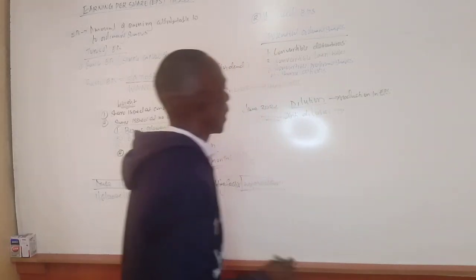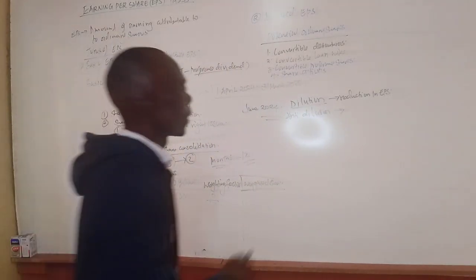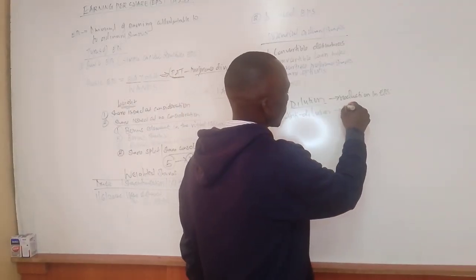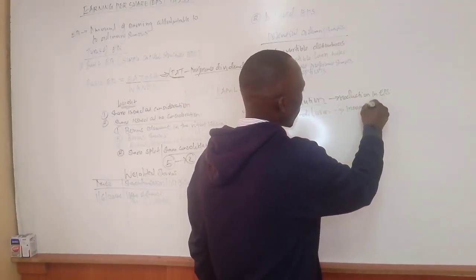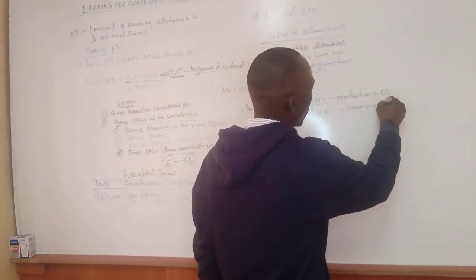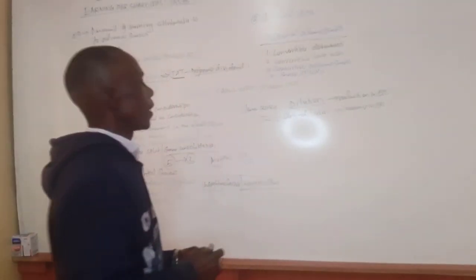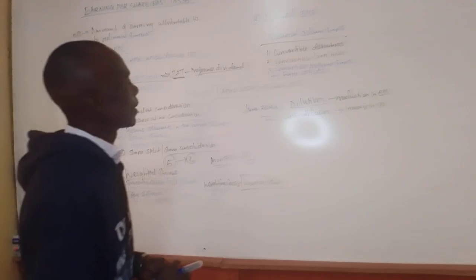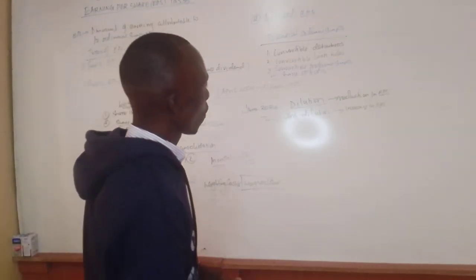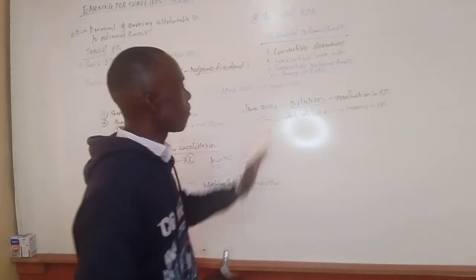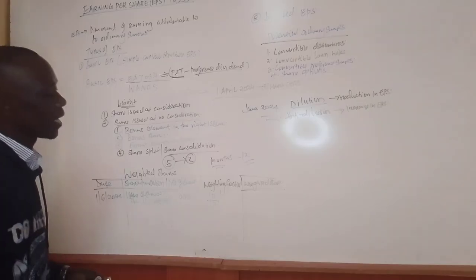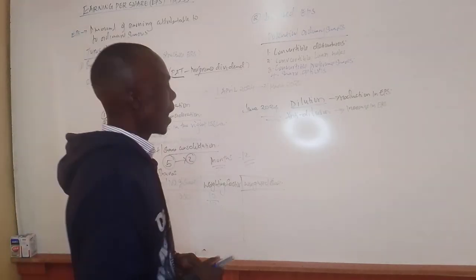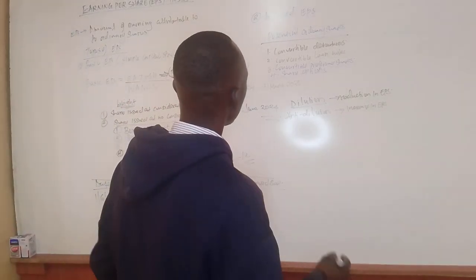When we talk about the anti-dilution, in this case, it is the increase in EPS. So the question that you should ask yourself again is, how are we going to know whether the shares have been diluted or the shares have been anti-diluted?